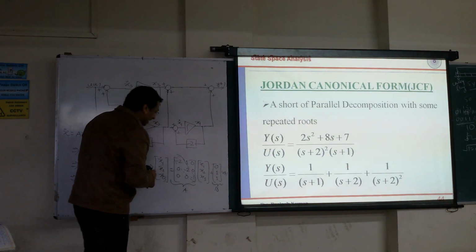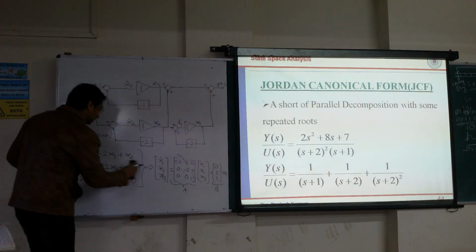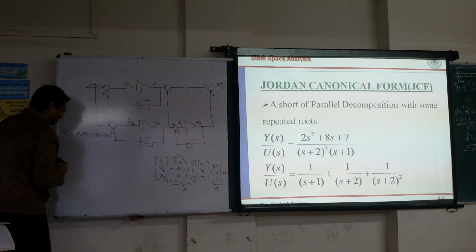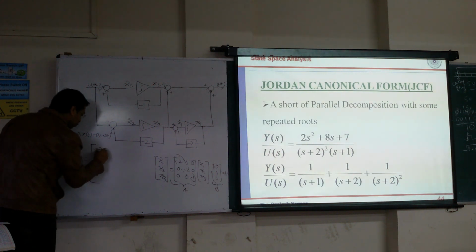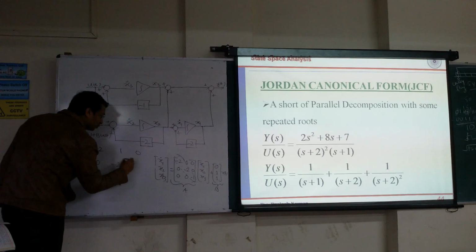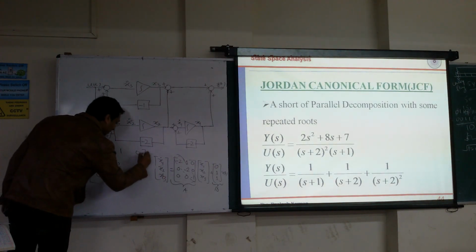Once again, I am going to write it separately. System matrix A, so that it will look better and bigger: -2, 1, 0, 0, -2, 0, 0, 0, -1.